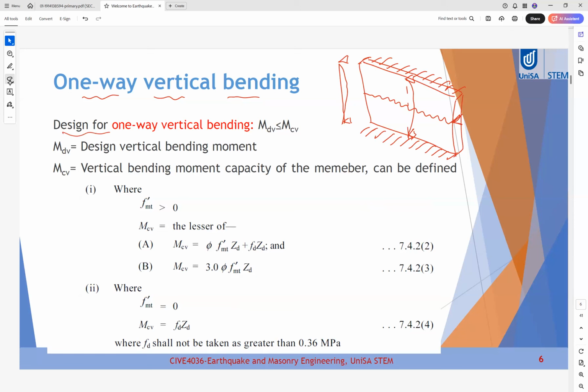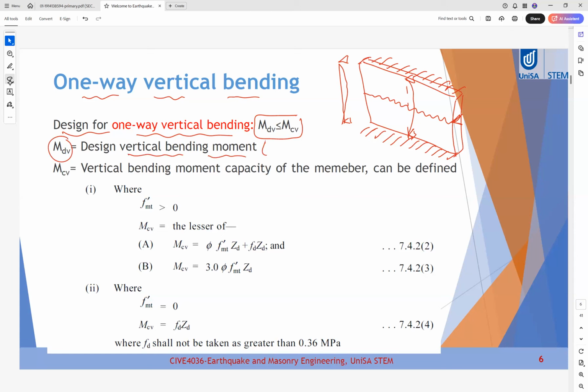So to design for one-way vertical bending, we need to satisfy this formula from the standard. Mdv should be less than or equal to Mcv, where Mdv is the design vertical bending moment.